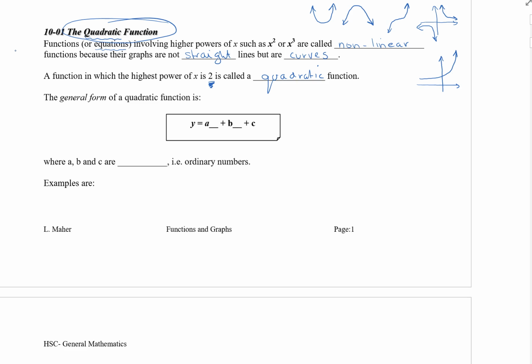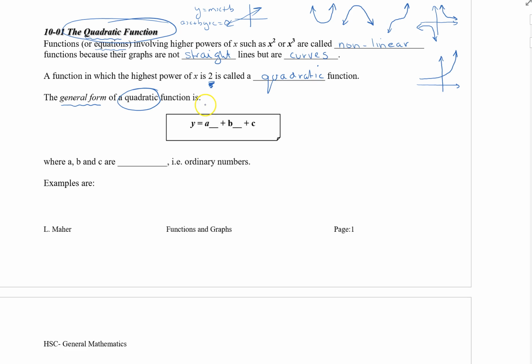Now, remember that when we were doing straight line, we learnt the equation of a straight line is in the form y equals mx plus b, or ax plus by plus c is equal to naught. Two forms for the equation of a straight line. Now we have to know the general form.